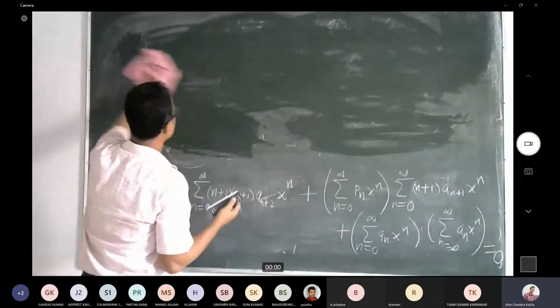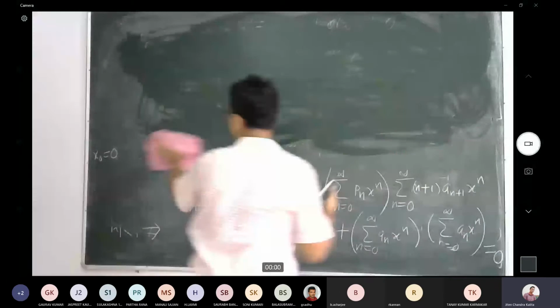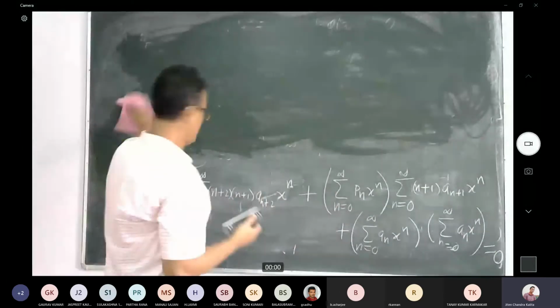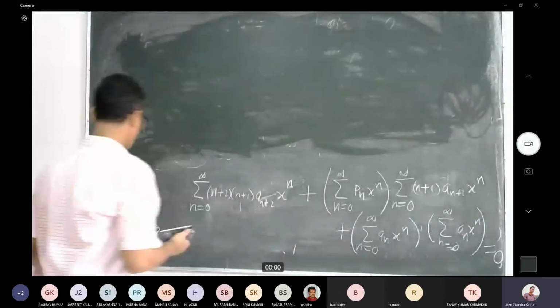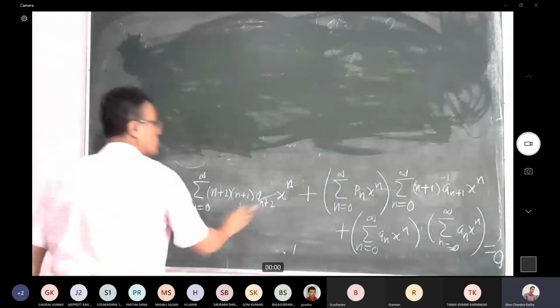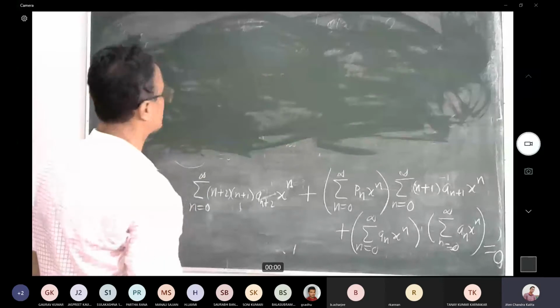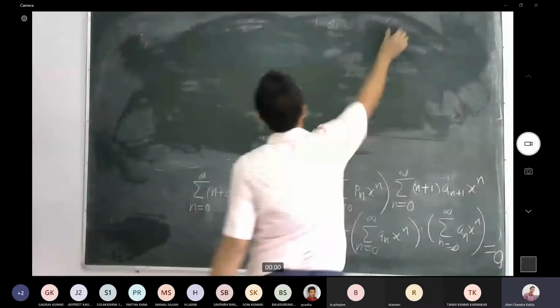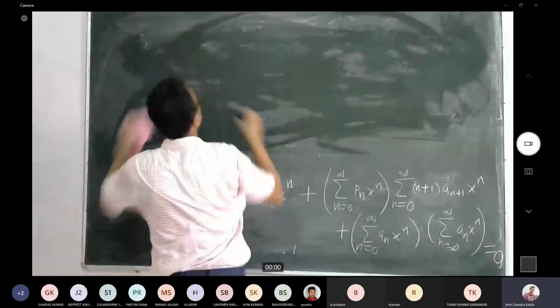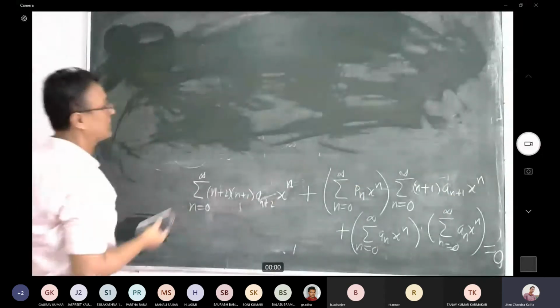I am not going to ask you whether you have understood it or not, I am simply going to substitute it. This I don't have to change anything, this I don't have to change anything. But what about the remaining two?